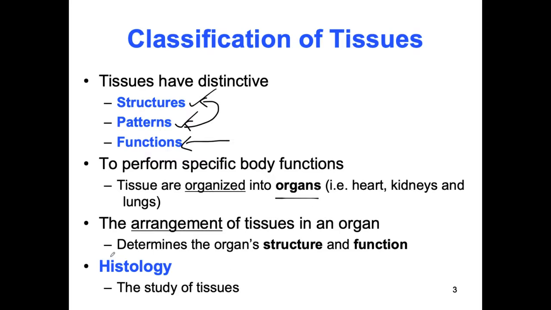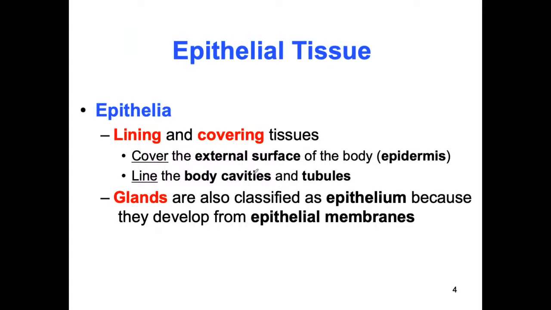Now, histology is the term we use when we study tissues. When we study cells, it's cytology. When we study tissues, it's histology. Epithelium is the type of tissue that's going to line and cover things.